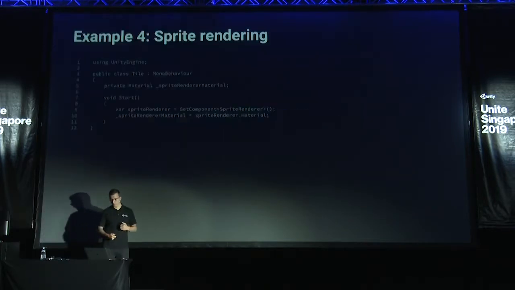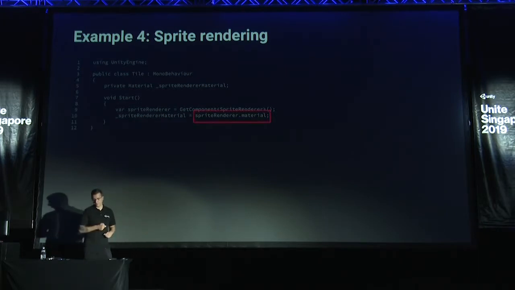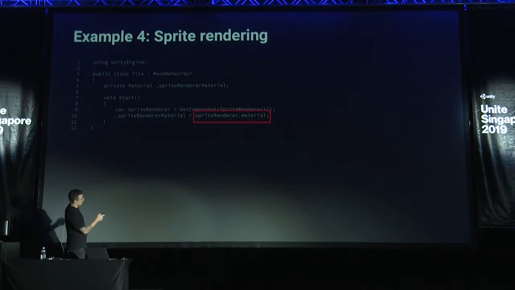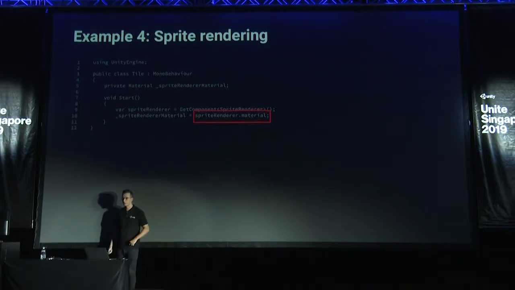What's going on? So when we took a look at the code, what was happening is that on start or somewhere in the code, the customer was calling the Sprite renderer material. And this particular method generates a new instance of the material.